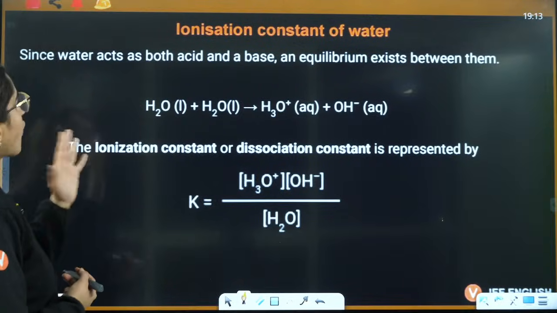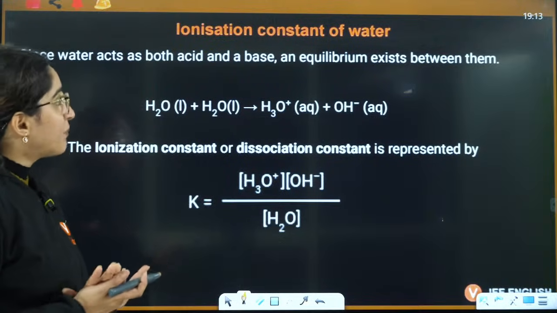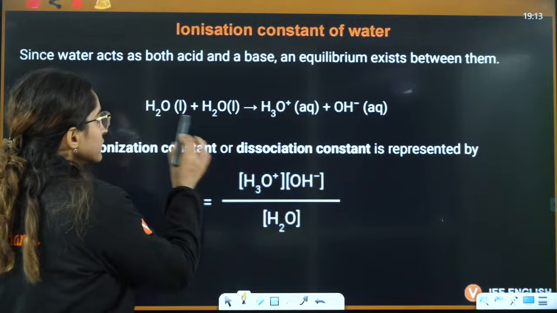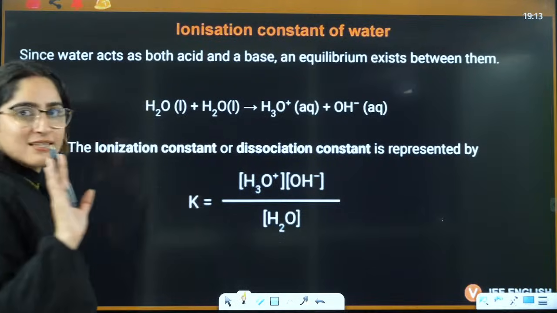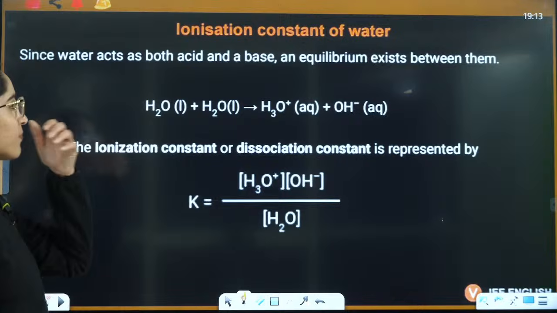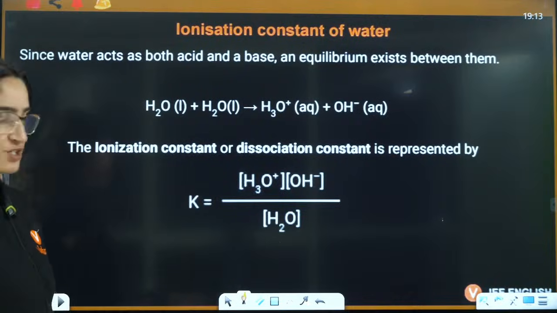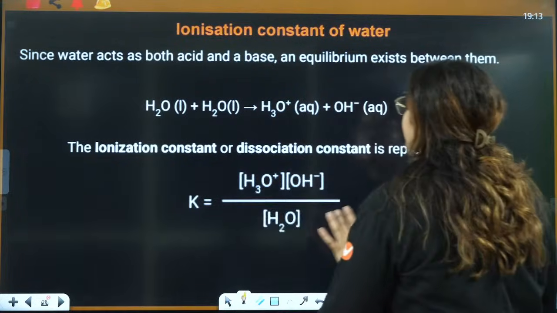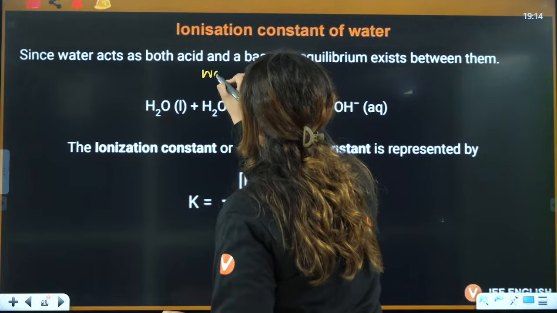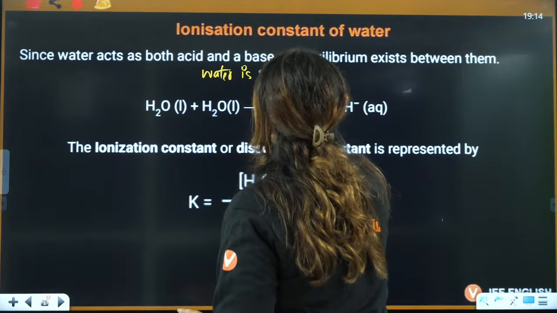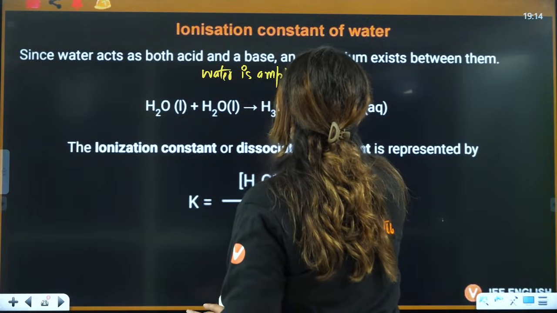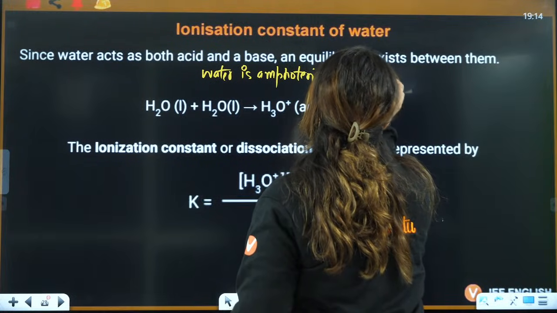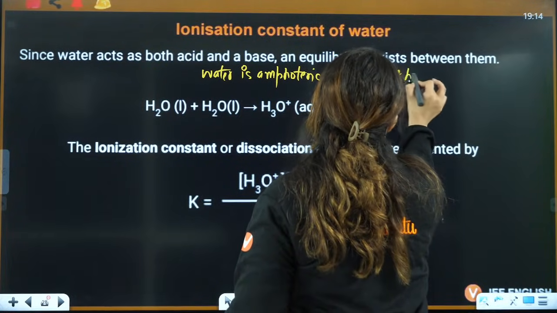Since water acts as both an acid and a base, an equilibrium exists between them. If you talk about water, there is an equilibrium existing in water. So water is amphoteric in nature. Do you know what amphoteric is? Water is amphoteric, that means it behaves as both acid and base.